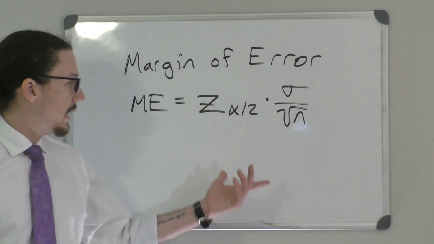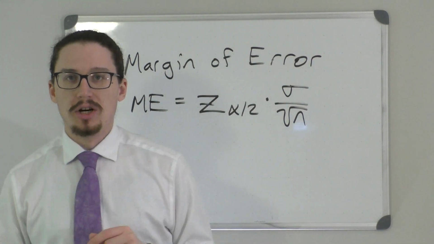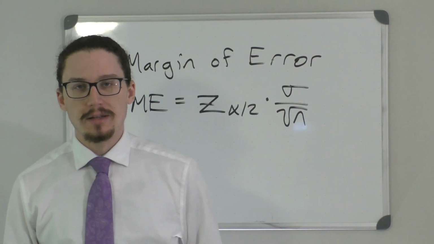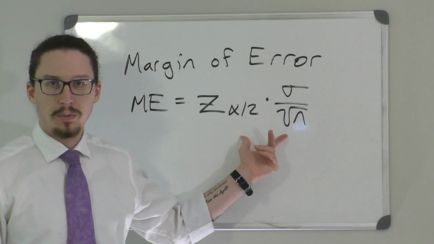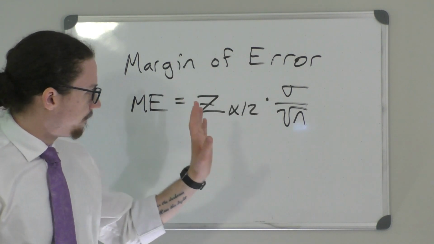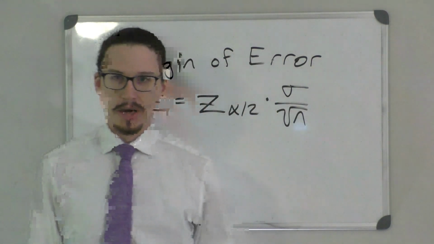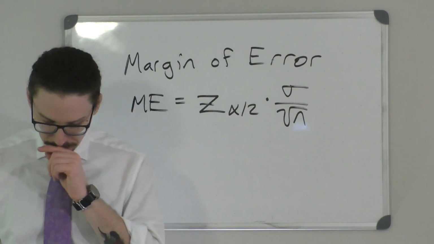I mentioned the margin of error a couple of times. It is the thing that we're adding and subtracting from our sample mean in our interval estimators. Here we just have the version for when we're using the Z distribution.